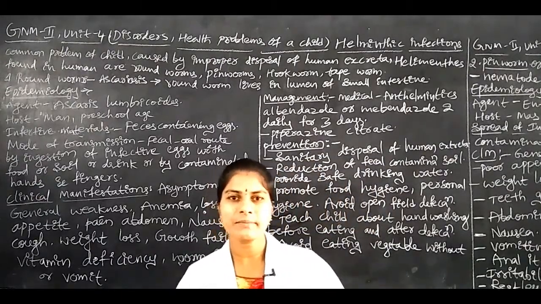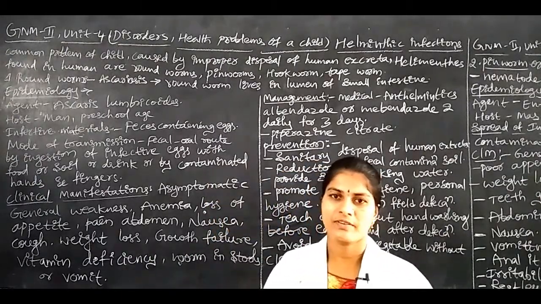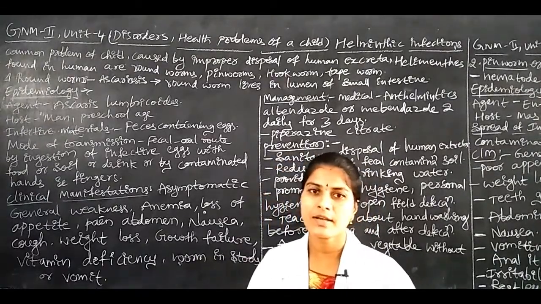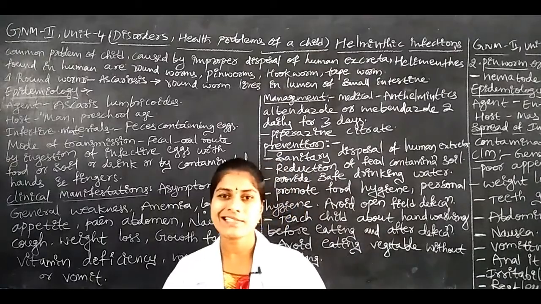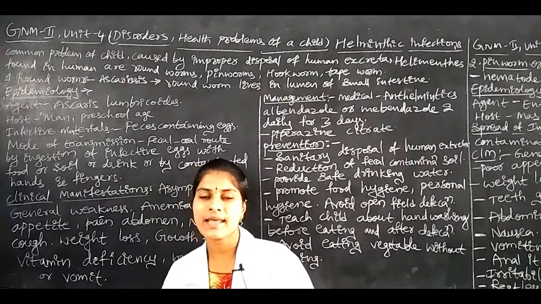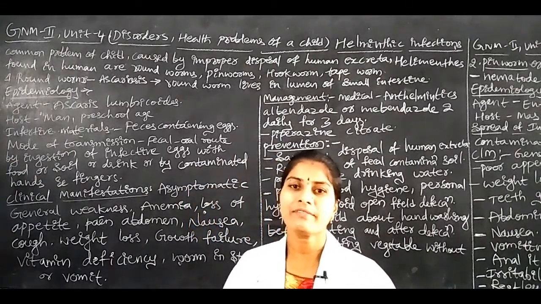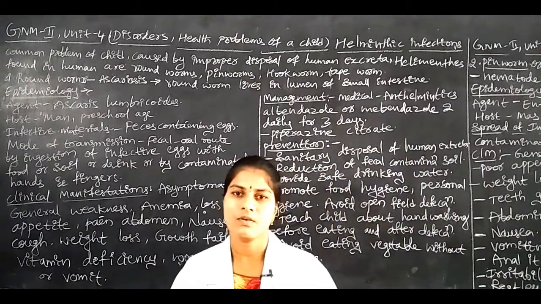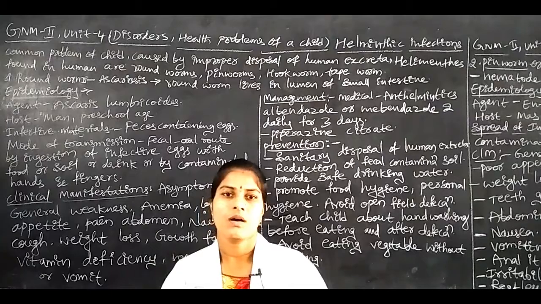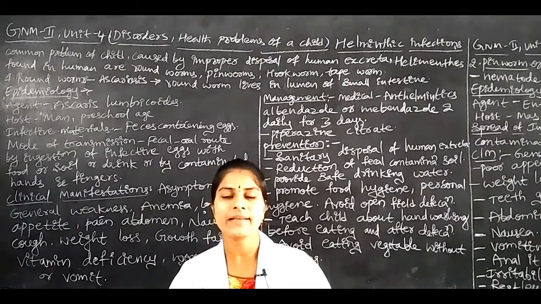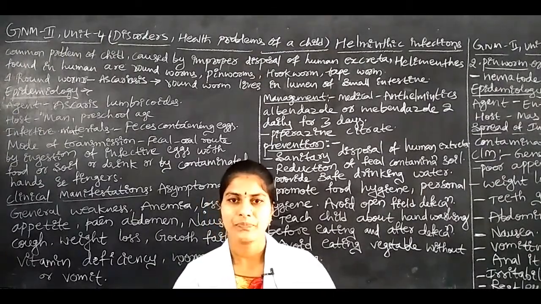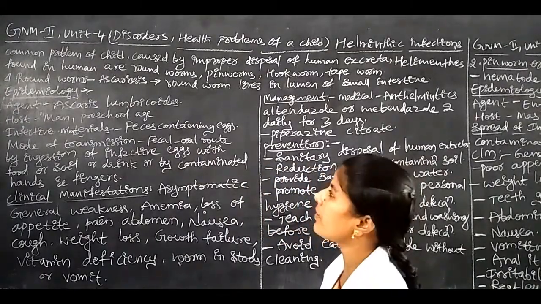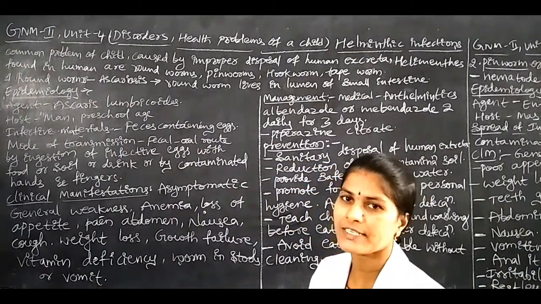Human excreta is nothing but waste products from the human body, which the body excretes. That waste is disposed of unsafely, and there are no hygienic practices for excretion of stool. Due to this, children may be affected by helminthic infections.